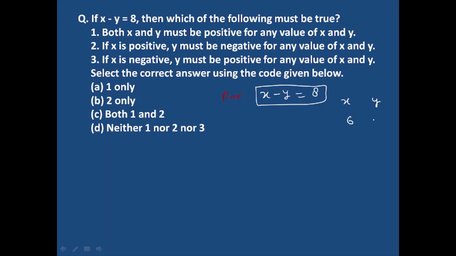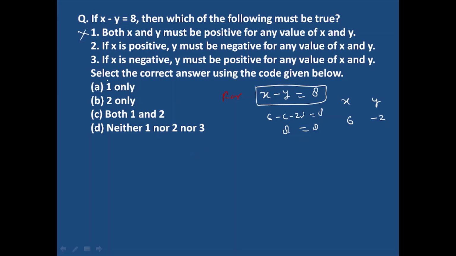Suppose x is 6 and y is minus 2. Then 6 minus (minus 2) is equal to 8, and 8 is equal to 8. But the first point says both x and y must be positive, and here we considered the value of y as minus 2. So this statement is wrong.